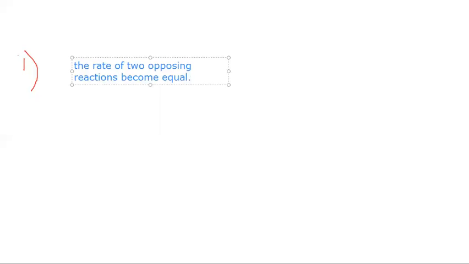What does it mean? The rate of two opposing reactions becomes equal. This is a very important state to understand for chemical equilibrium.